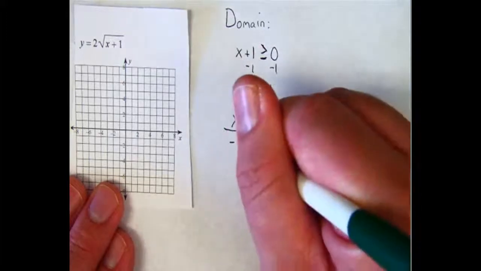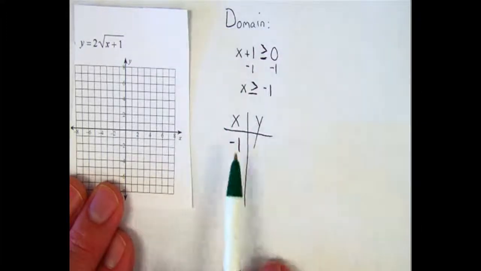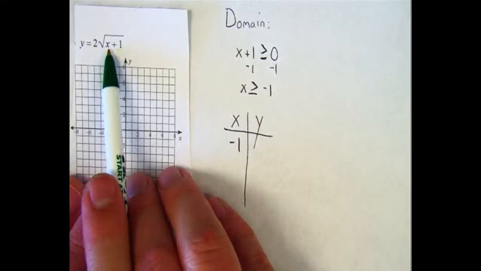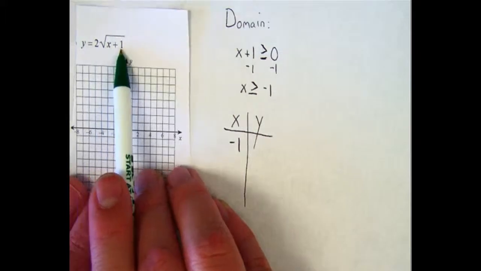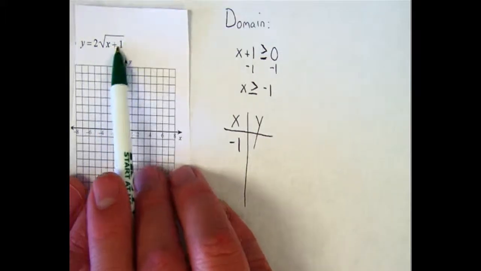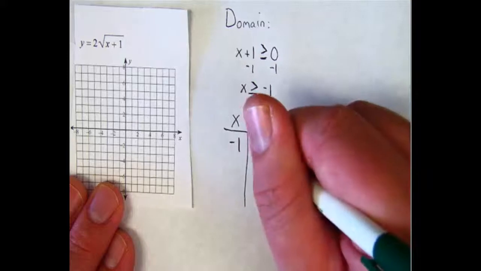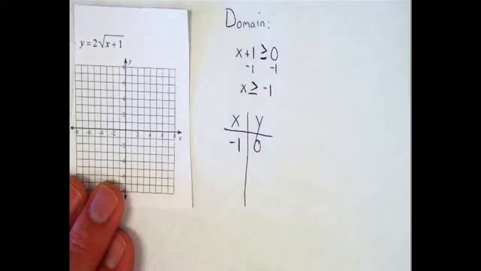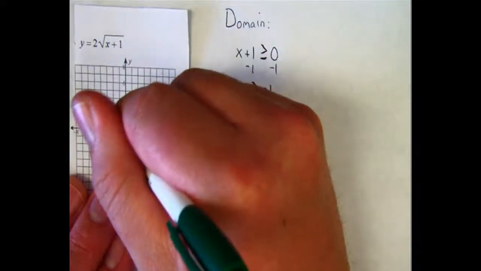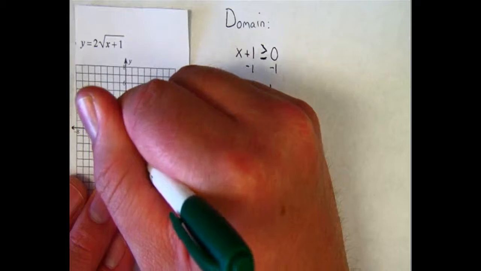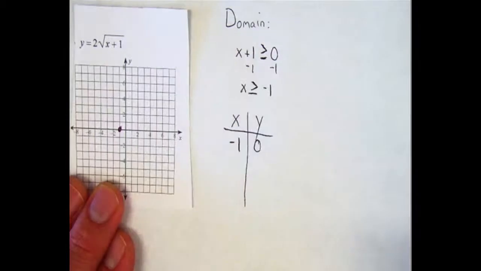So I start looking at -1. So let's substitute -1 in for x. -1 plus 1 is 0. The square root of 0 is 0. 2 times 0 is 0. So my first point will be -1, 0, right there.